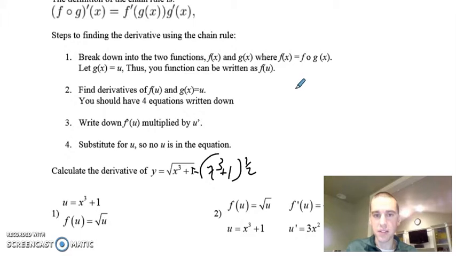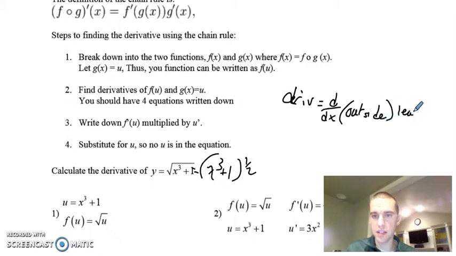So basically we're going to say the derivative equals the derivative of the outside, leave inside the same, and then multiplied by the derivative of the inside.